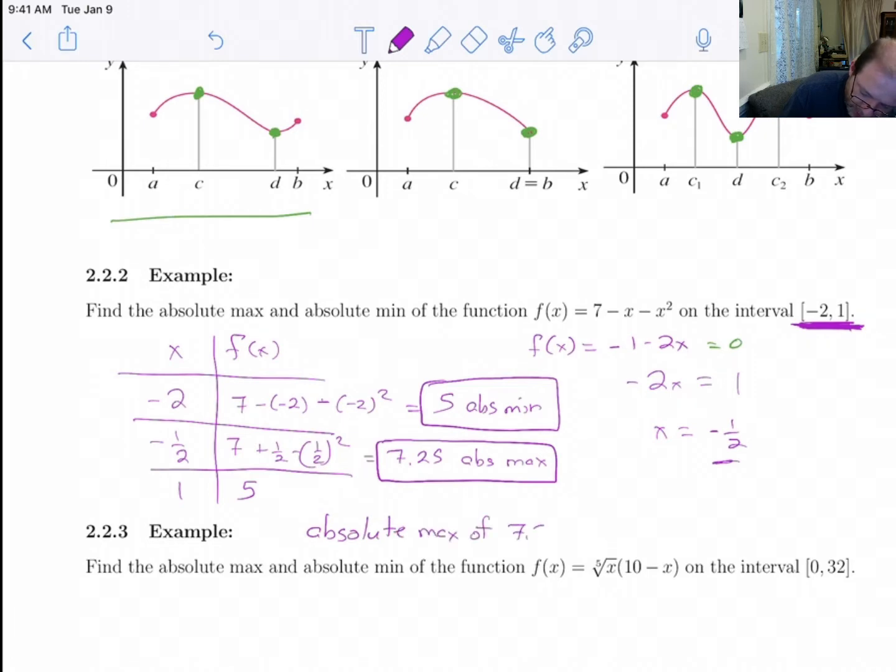You could also say that it has an absolute max of 7.25 at x equals -1/2 and an absolute min of 5 at x equals -2 and x equals 1.